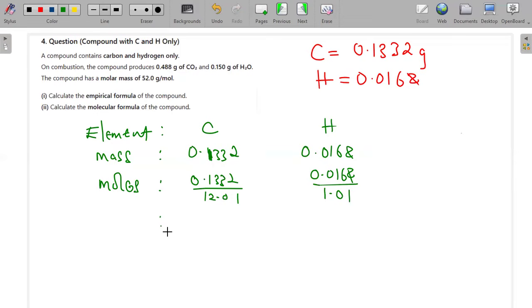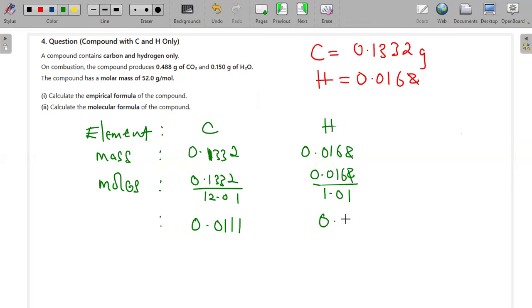The ratio that I'm getting for this one, if I divide, is 0.0111. And then what about this one? When I divide this one, what am I getting there? I'm getting 0.